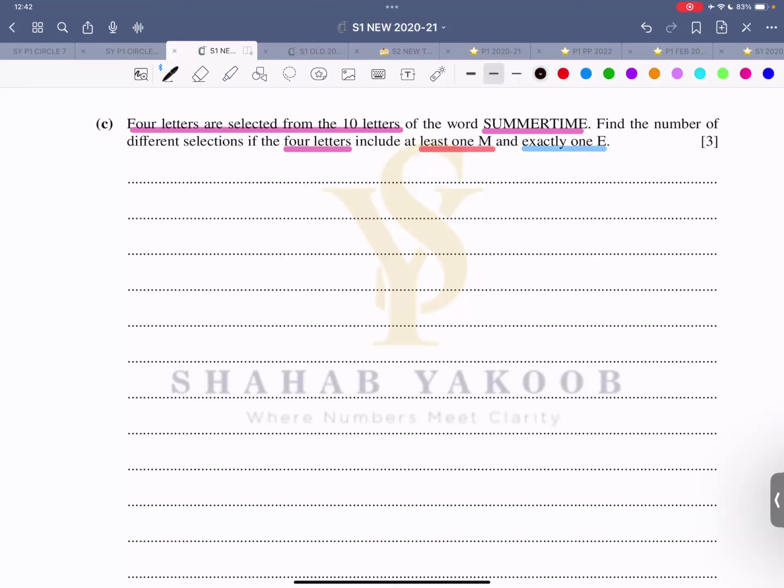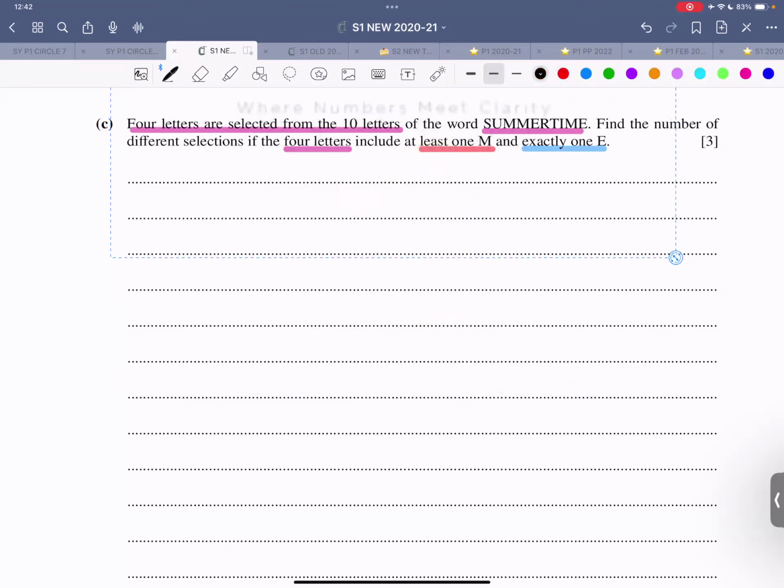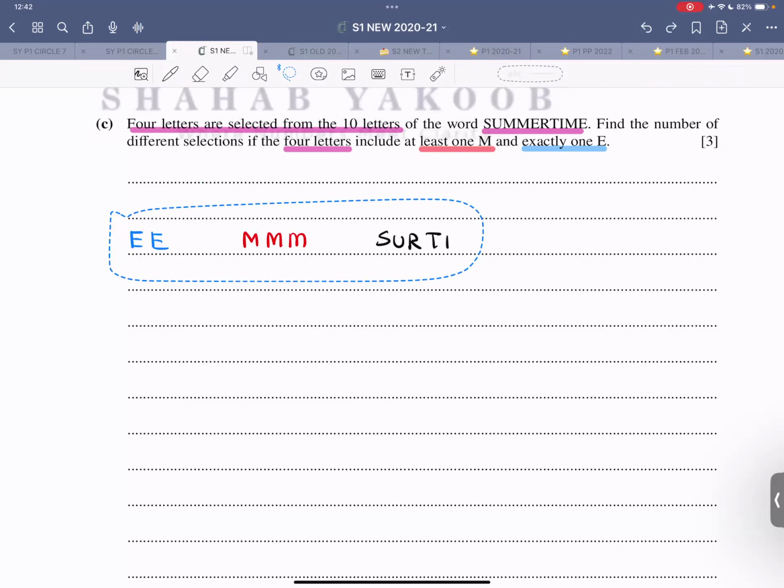Now, first of all, let me write over here. What do we have? We have 2 E's. We have 3 M's. And we have SURTI. Let me just push this to the side like this.